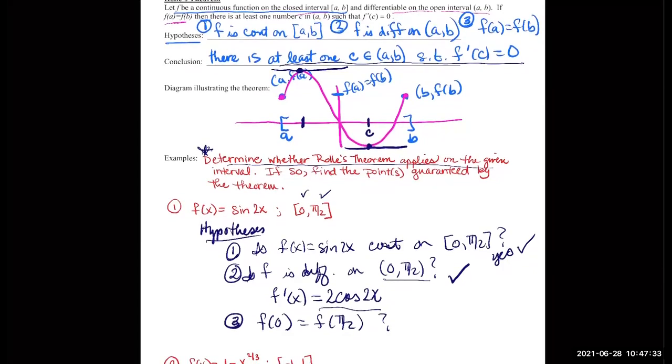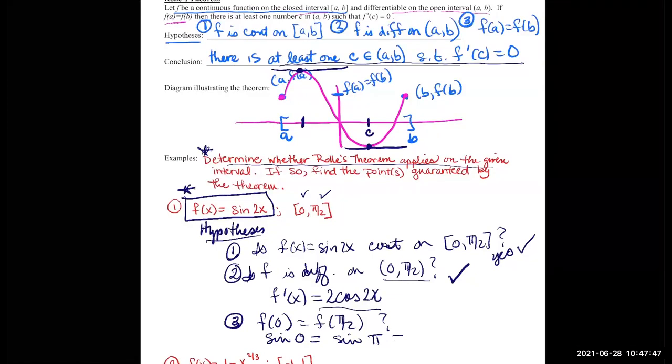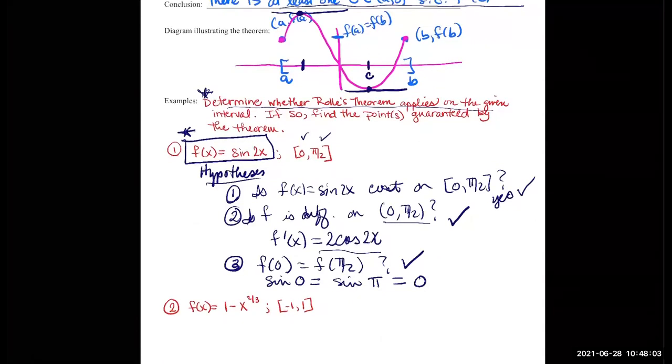F of 0 would be sine of 0. F of pi over 2 would be sine of pi. Notice I'm plugging them back into my original function. 2 times pi over 2 is pi. And sine of 0 is 0, sine of pi is 0, so those are equal. So any questions about that before we go on?